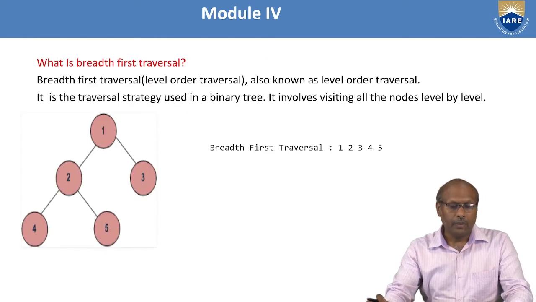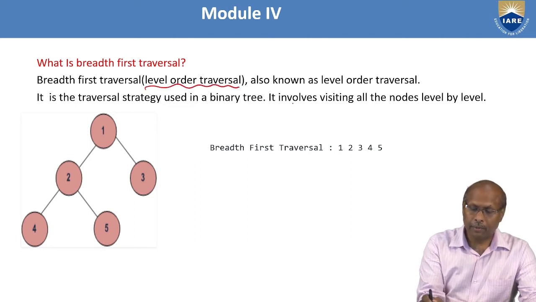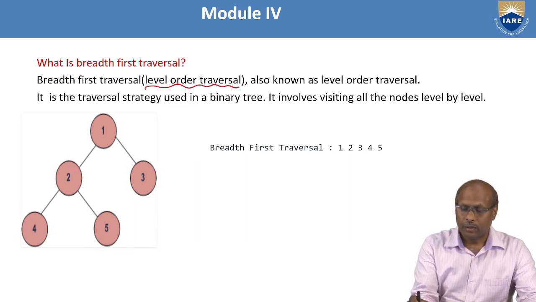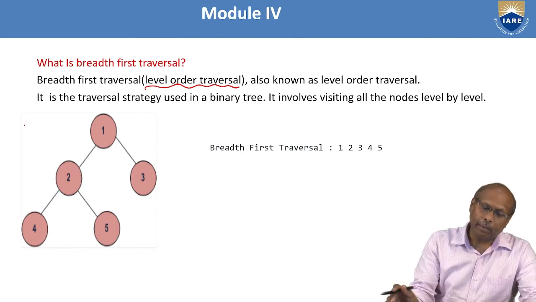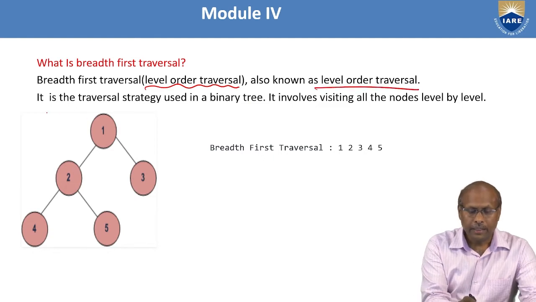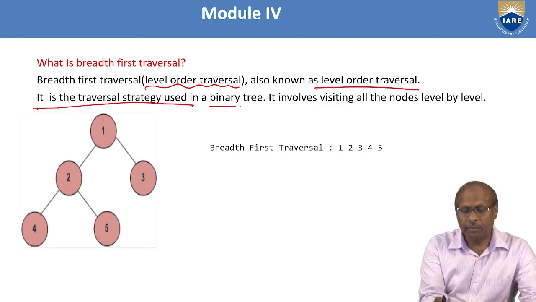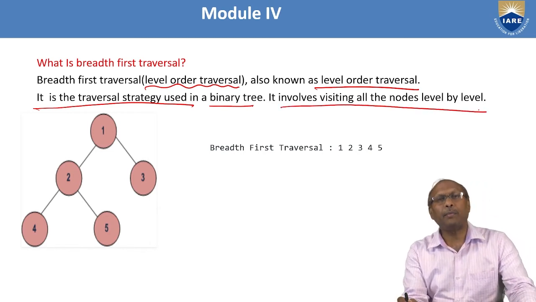Next question. What is breadth first traversal? Breadth first traversal, also known as level order traversal, is useful to traverse the data level by level. It is a traversal strategy used in a binary tree. It involves visiting all the nodes level by level.